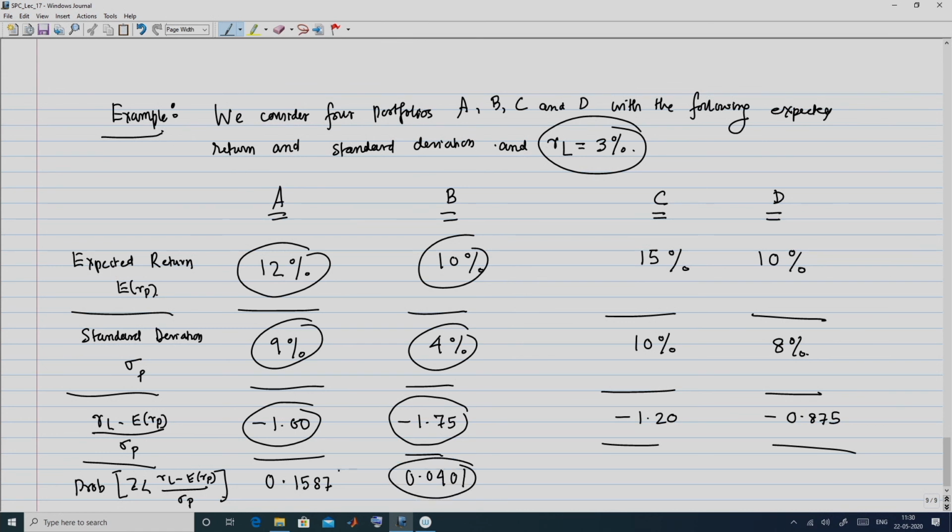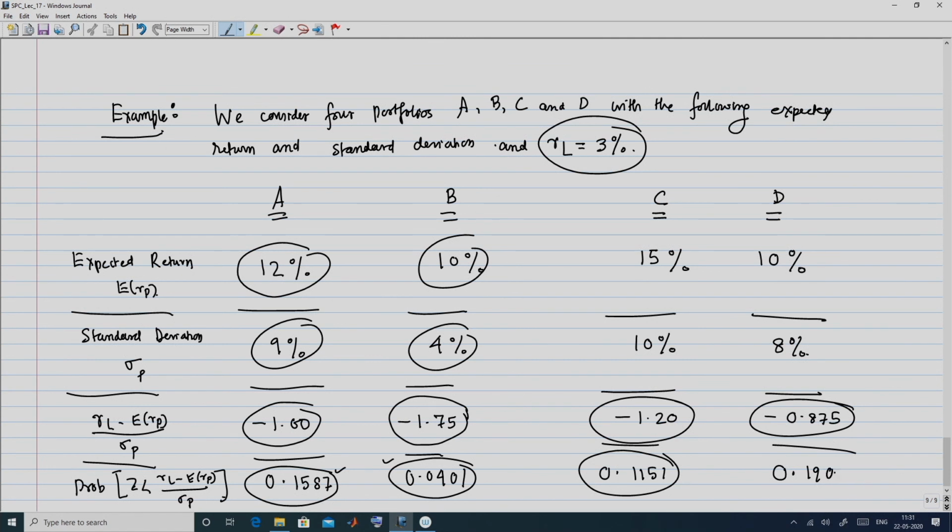As you can see, this is smaller than the first one because minus 1.75 is to the left of minus 1.00. Then for minus 1.20, you will expect that it will lie between these, and it turns out that this is 0.1151. And for the last case, you will have 0.1908.